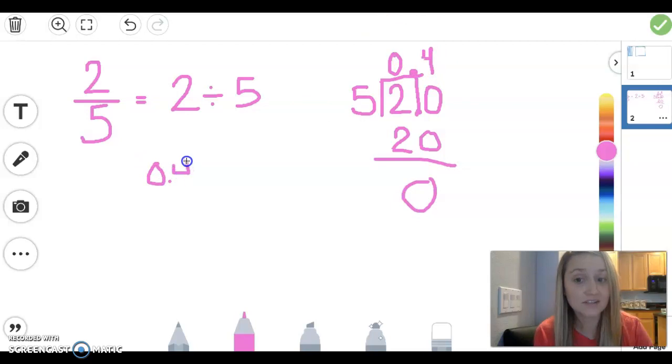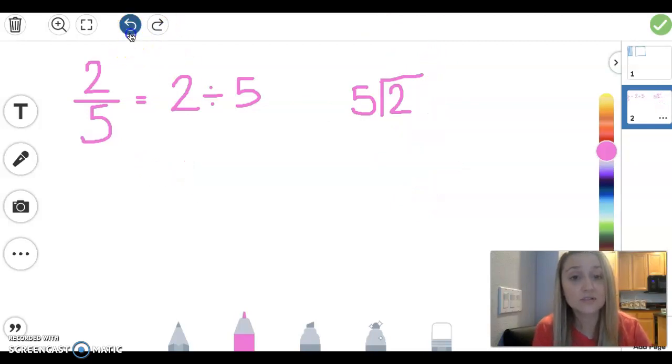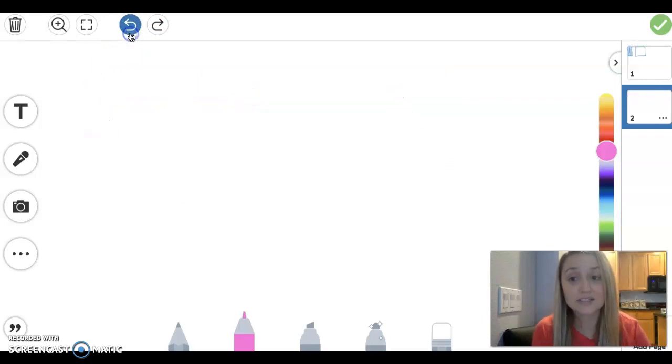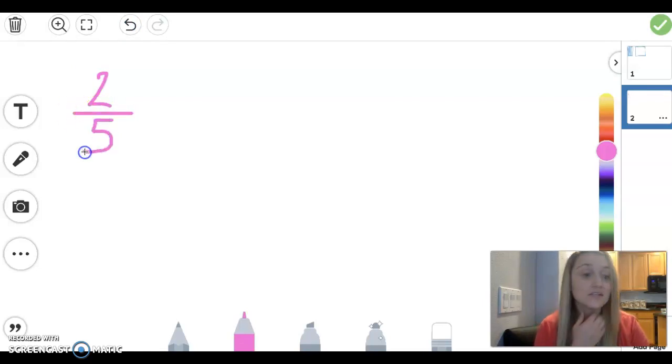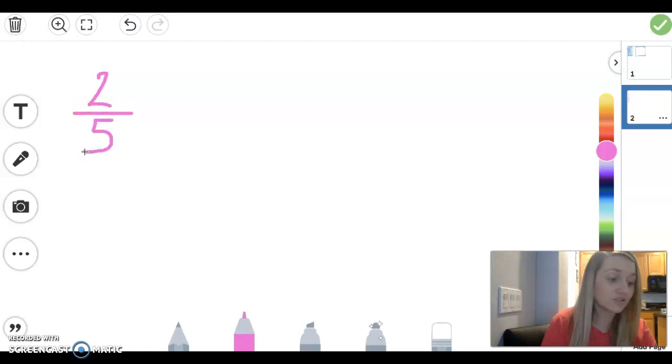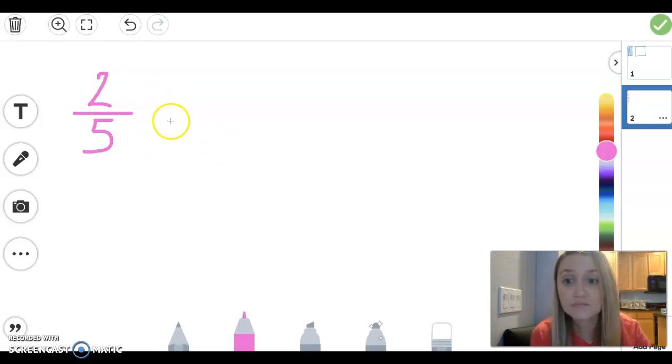Or 4/10. Okay? Now another way you can do it, and this only works if the denominator is compatible with tenths, hundredths, or thousandths. So let's say I wanted you to write this as a decimal as well.